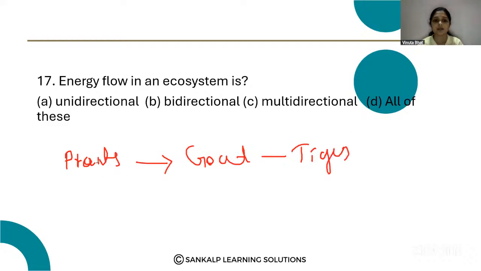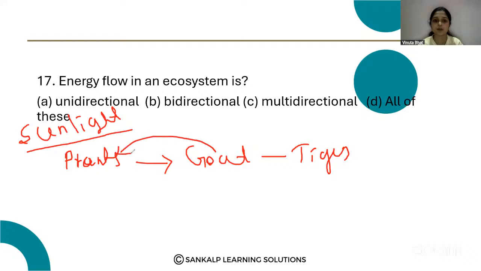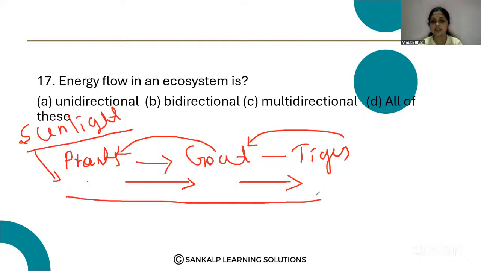Sunlight falls on the plants, they utilize the sunlight and produce the energy, the goat consumes the plants and gets the energy, and the tiger consumes the goat and gets the energy. So energy from the sun passes to the plants, the producers, then to the goat, then to the tiger. So this is always in a single direction.